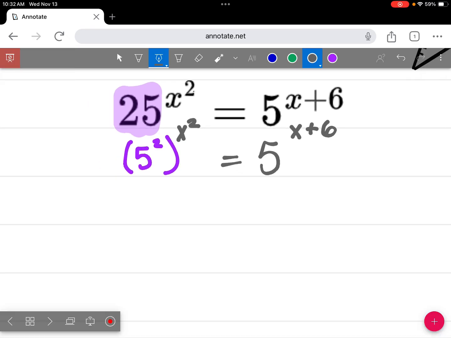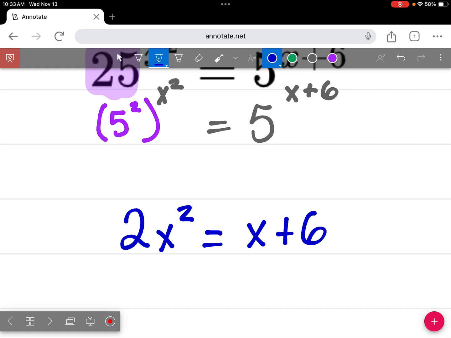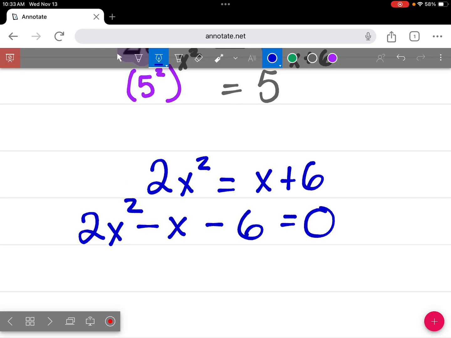So what are my two statements going to be when I set my exponents equal? 2x squared equals x plus 6. So what do I do to solve this? Set it equal to 0. 2x squared minus x minus 6 equals 0.